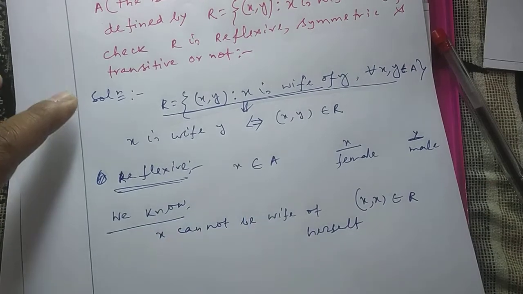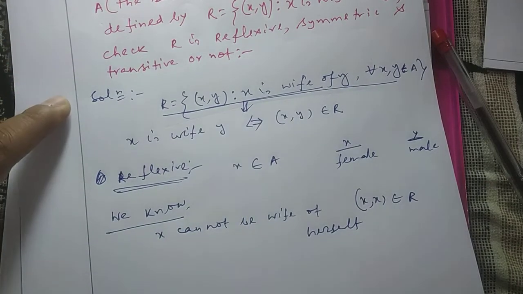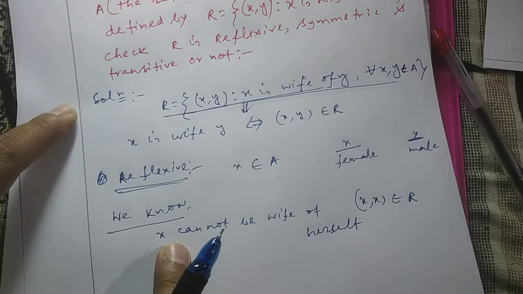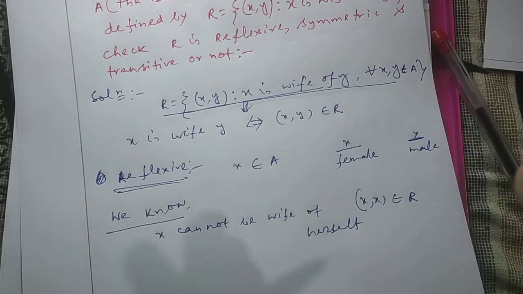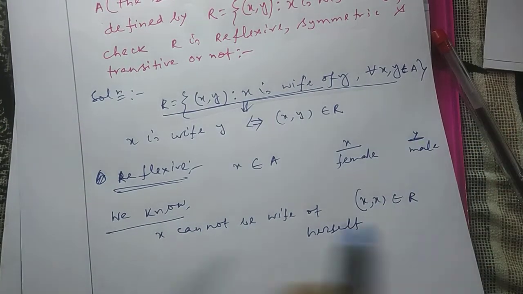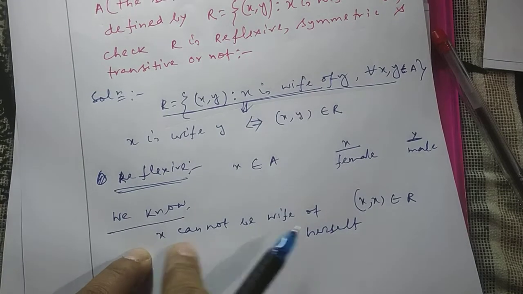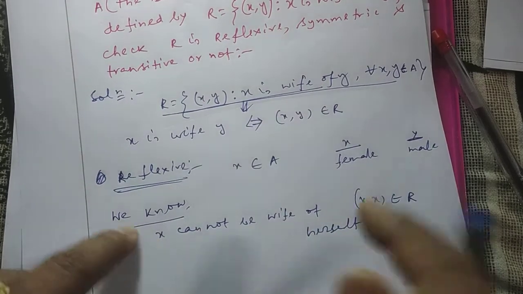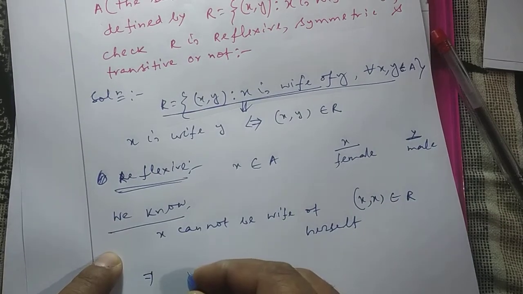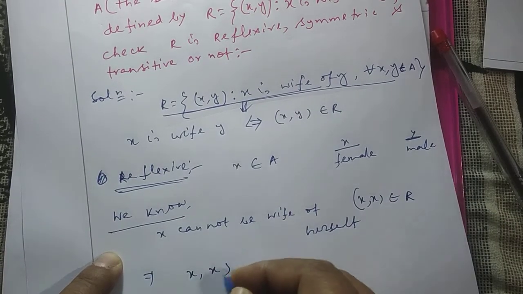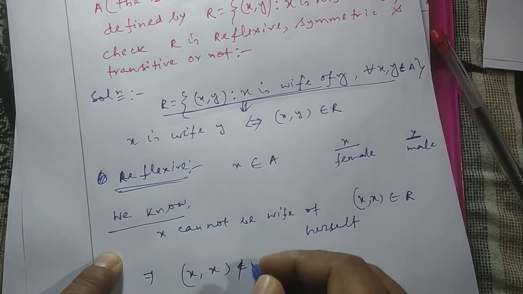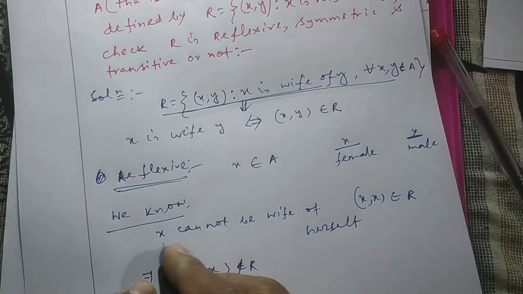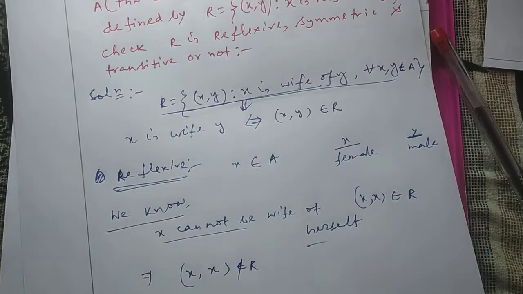Now we are going to check whether it is reflexive or not. So we claim here a girl, a female, cannot be wife of herself. Understood? So we can say from here the element x cannot be wife of herself. That means (x, x) does not belong to R because it is violating these conditions, these previous definitions.